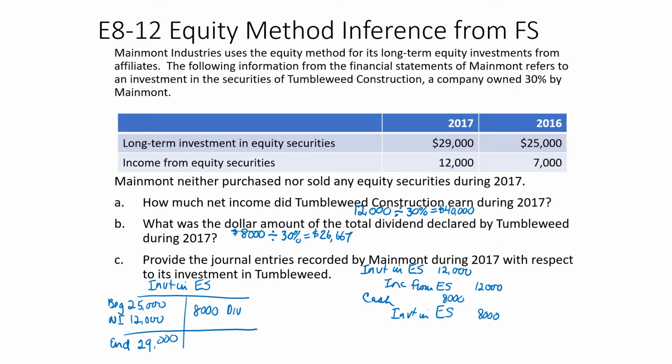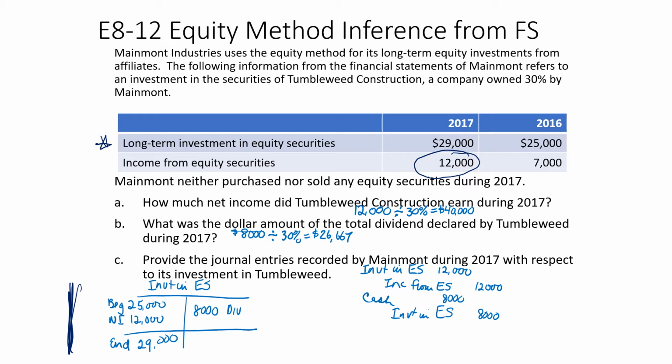And this is another one that has a little twist to it. So we're given the long-term investment in equity securities, beginning and ending balance, which I can then do a T account and see what happened. I'm also told that my income from equity securities for this year is $12,000.